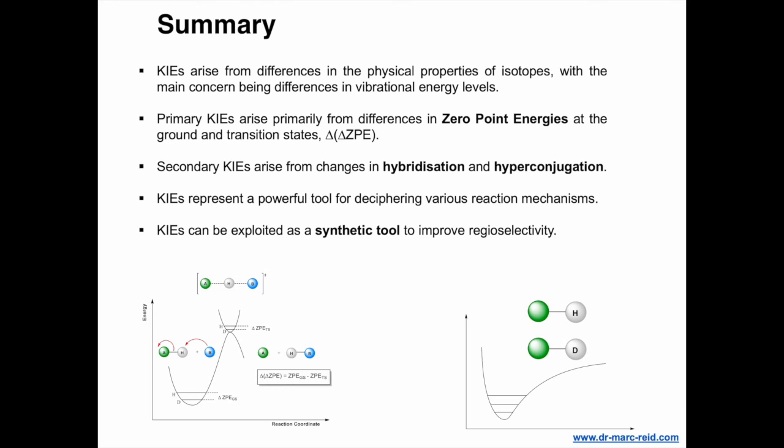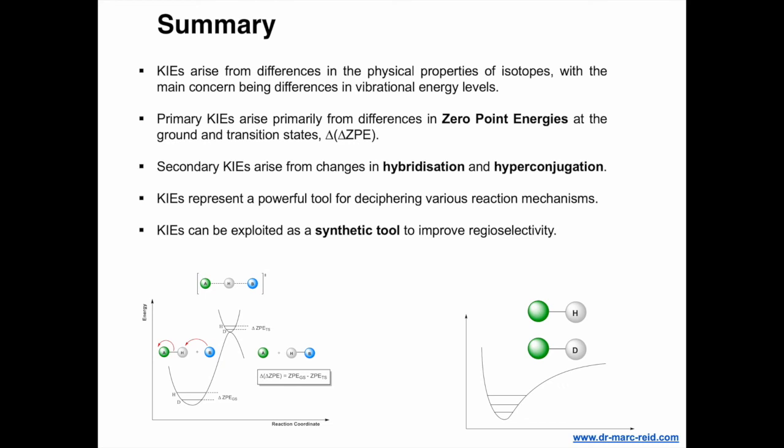We learned that primary kinetic isotope effects arise from differences in zero-point energies at the ground and transition states, and we termed this delta-delta ZPE. We also learned that secondary kinetic isotope effects arise from changes in hybridization and from hyperconjugation effects.